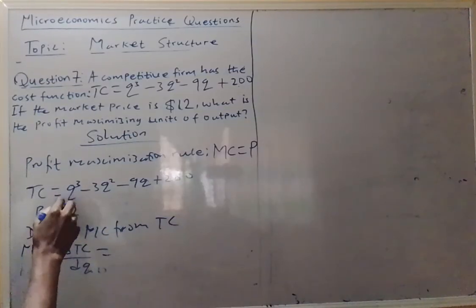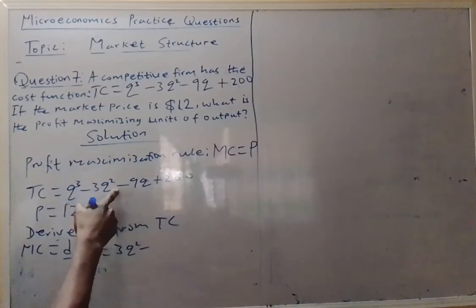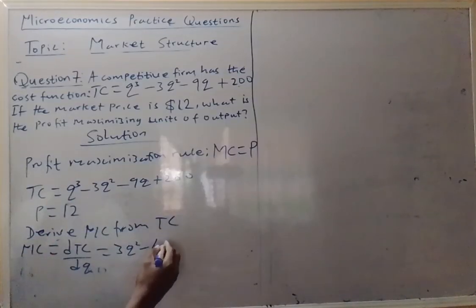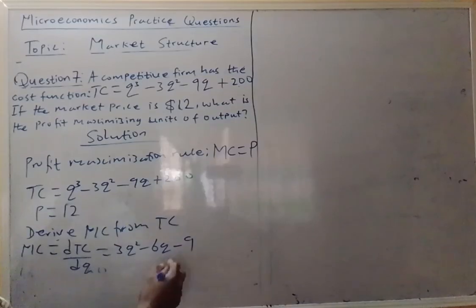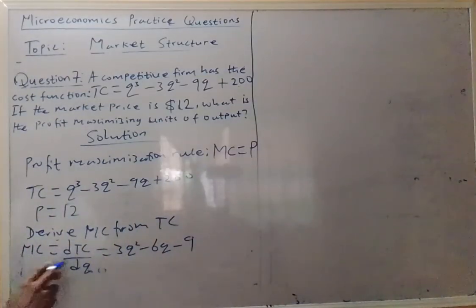When you differentiate this one, we have 3Q squared, then minus, you differentiate this one, we have 6Q, you differentiate this one, we have 9, then this is a constant, it will be ignored. So therefore, this represents our MC.